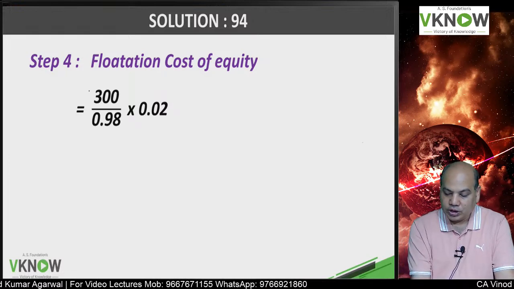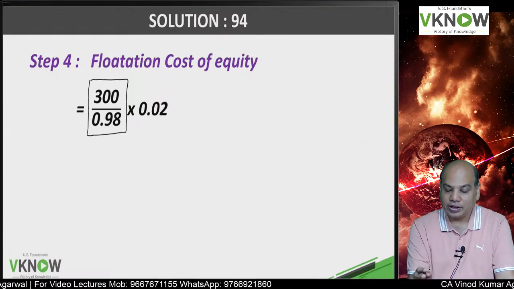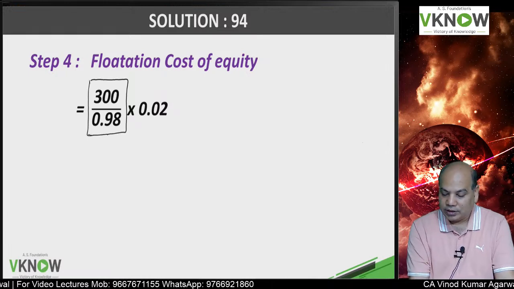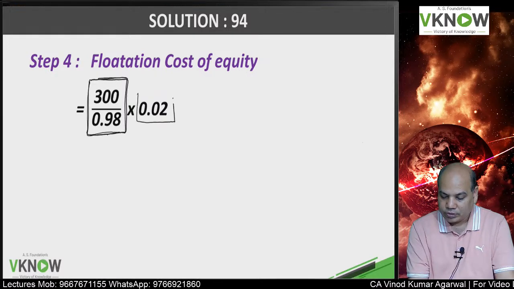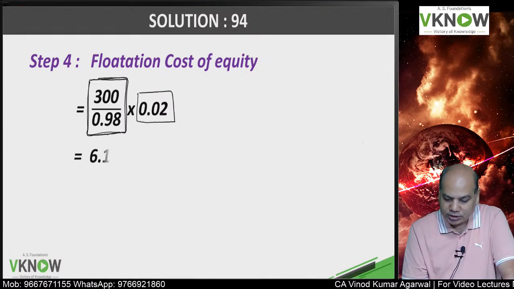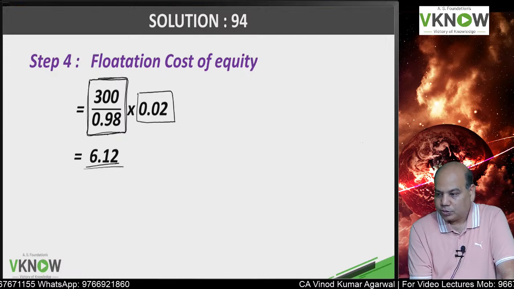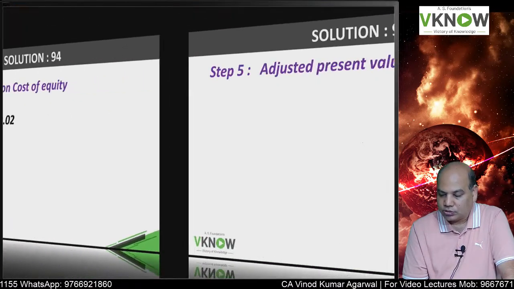So you have to raise more than 300 because project requirement is 500. So 300 divided by 98% is the amount of funds you need to raise from equity, into 2%, 6.12. So 6.12 will be my flotation cost of equity.